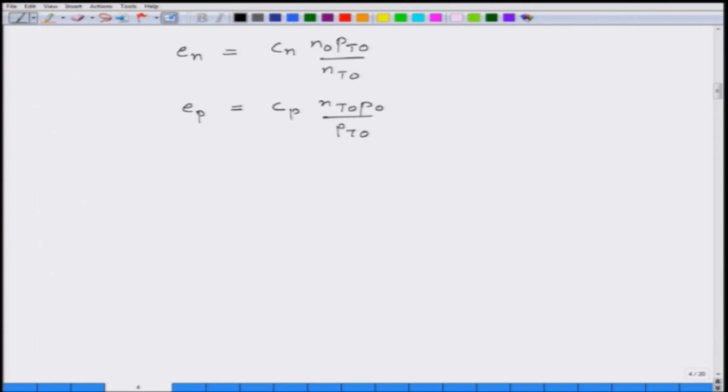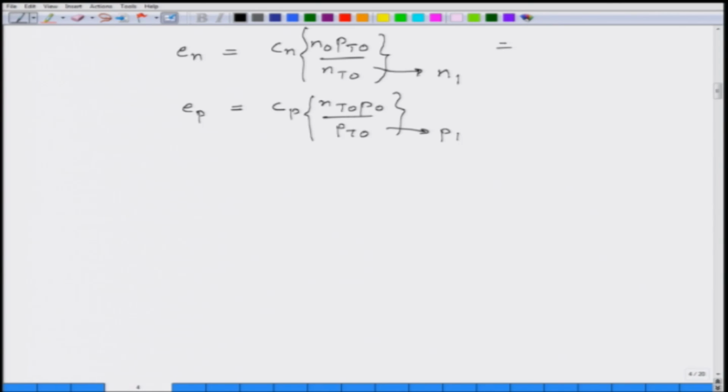Now, this part we can give a name: for electrons it is called n_1, and for the holes the same thing is called p_1.